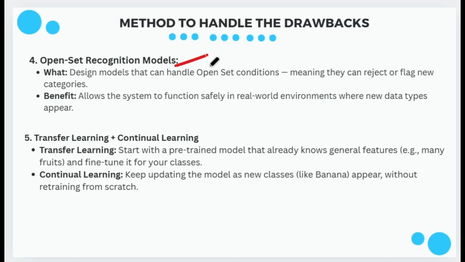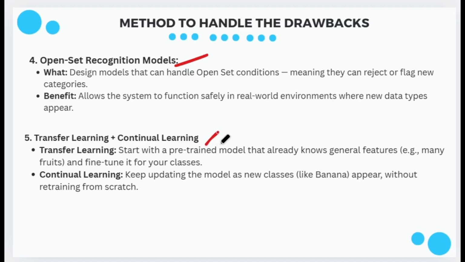As an example, training classes are apple and orange. In testing, apple is recognized, orange is also recognized, but if we give banana as a test sample, it will be rejected or flagged unknown, instead of misclassifying banana as apple or orange.